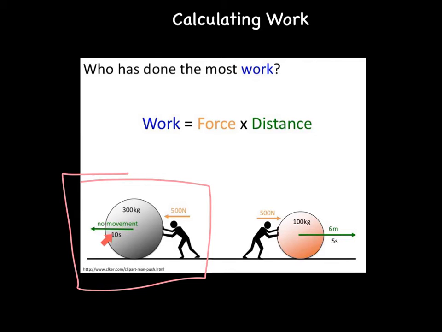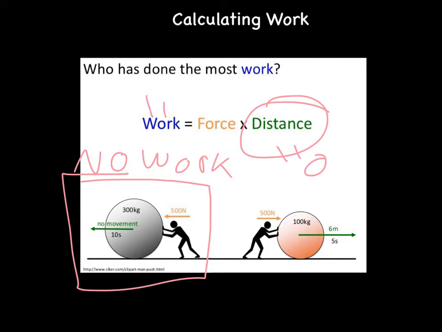So we've got no movement and a force of 500 newtons. In our example, that would have been an example of no work, because in order for you to have work, we need a distance. And if the distance is 0, that means the work is 0.